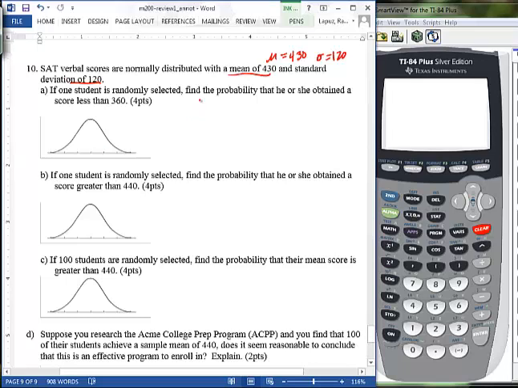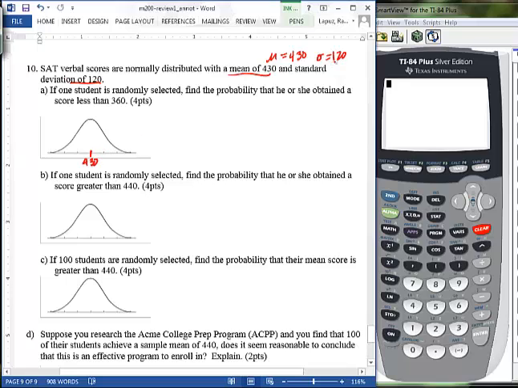We're going to use this information to find the probability that a randomly selected student has a score less than 360. Here's our bell curve. It's good to note the mean, which is right in the middle. If you have tick marks showing how many standard deviations away from the mean you are, you can mark a measure of 120 from the mean.